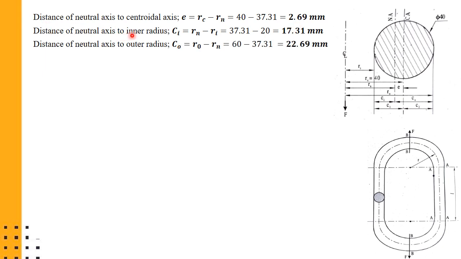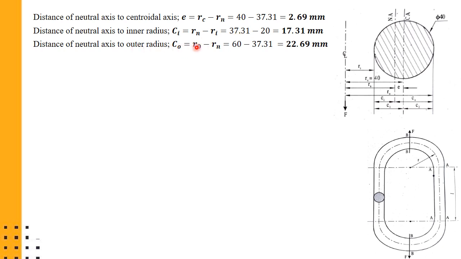For the remaining things, the same procedure: the distance of the neutral axis to the inner radius, Ci, can be calculated. If you know the radius of the neutral axis, and you subtract the inner radius from that, Rn minus Ri will give you the Ci value, that is the distance from the inner surface to the neutral axis.